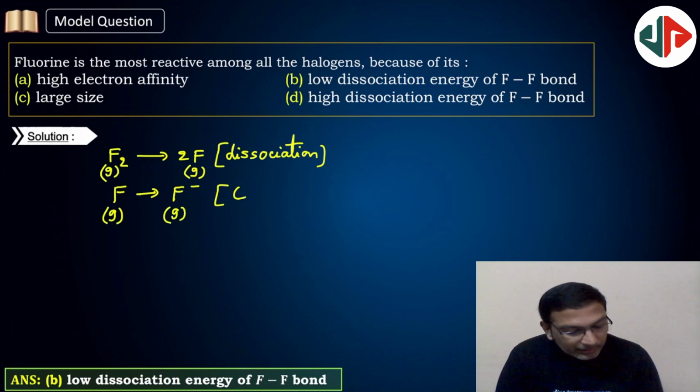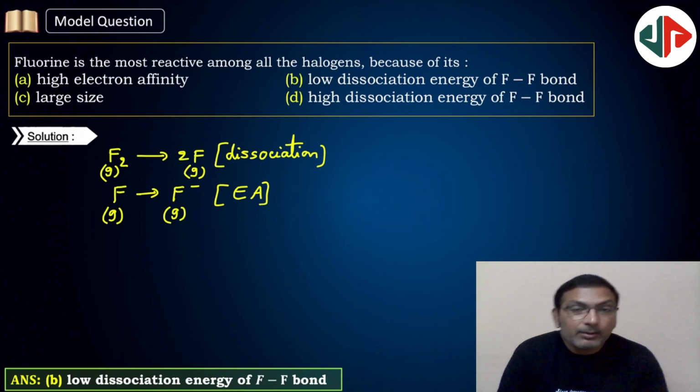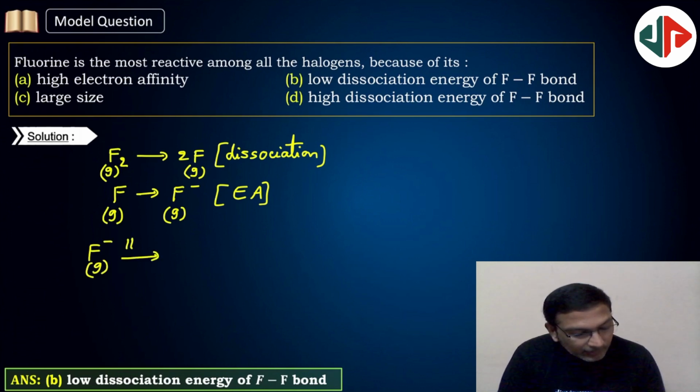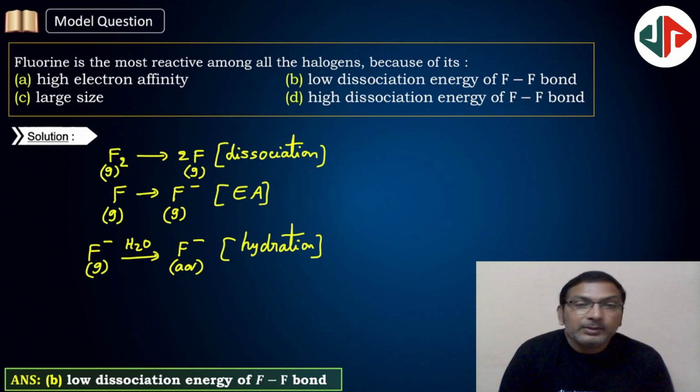This is electron affinity or electron gain enthalpy, addition of one electron. Next, F minus gaseous, when dissolved in water, will be converted to F minus aqueous. This is nothing but hydration. So first molecule to atom, next atom to ion, next ion to aqueous ion.